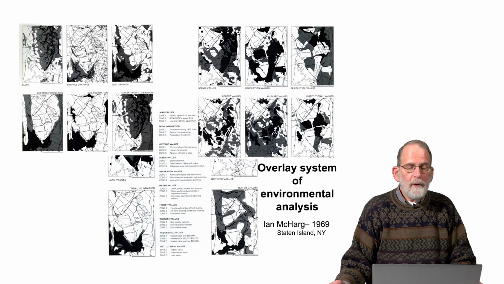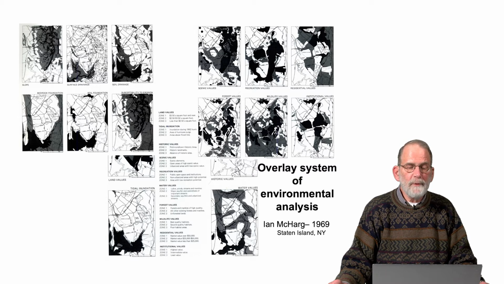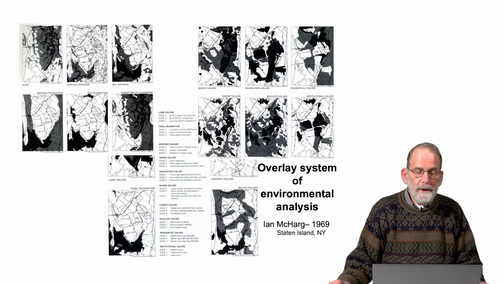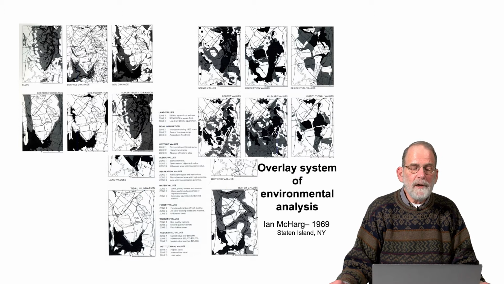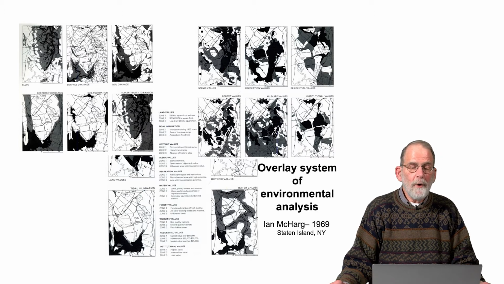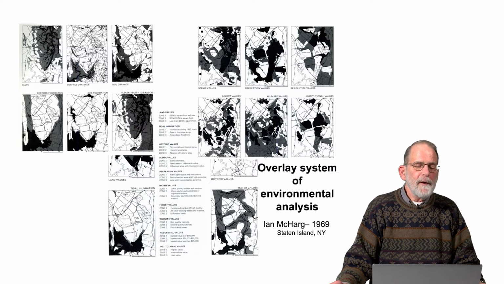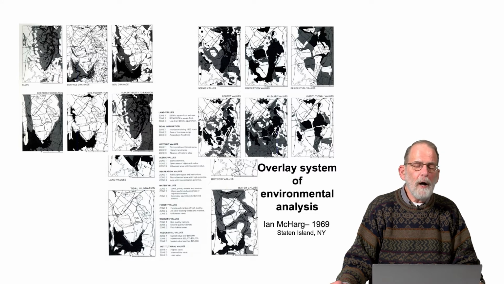In this case, McHarg worked with 15 different maps for exactly the same landscape, and he's mapping, for example, slope, surface drainage, soil drainage, land values, scenic values, recreation values, residential values, and he's mapping each of these landscape components in terms of how suitable the landscape element is for location of a new highway.